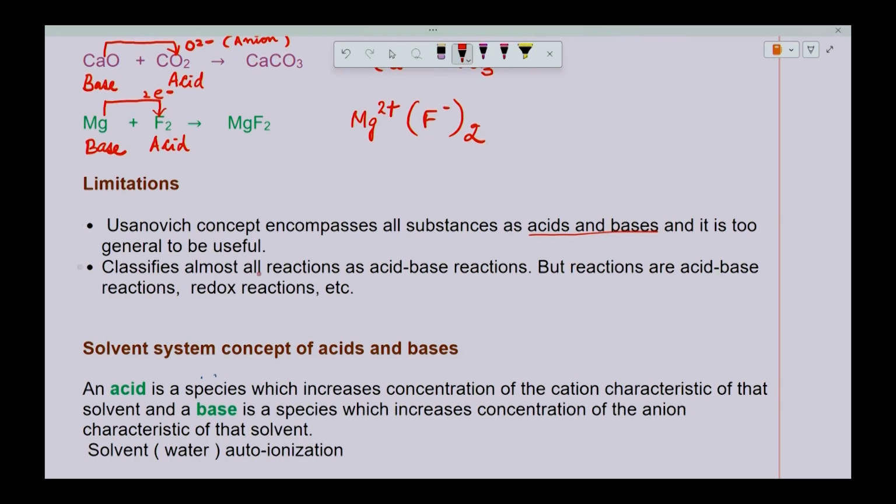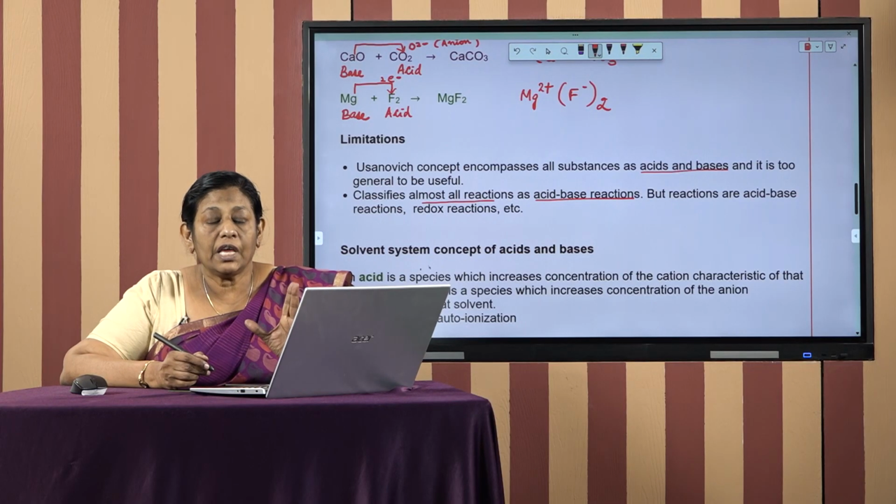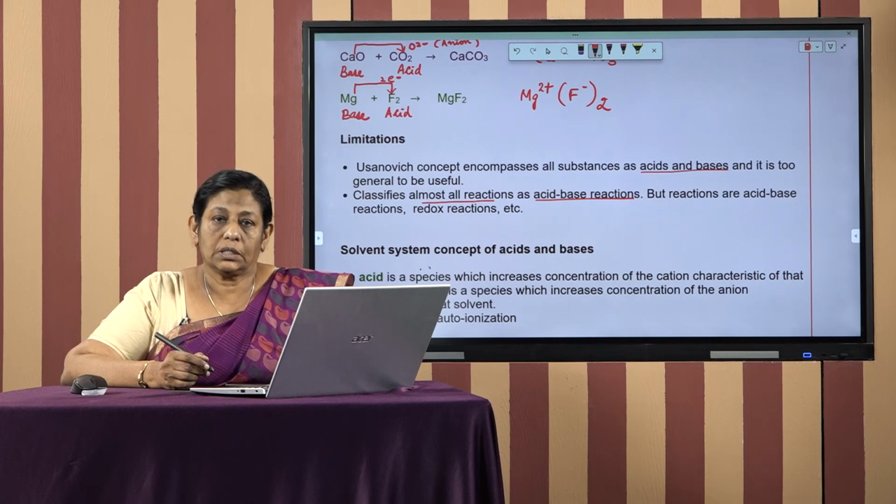Another thing is almost all reactions are considered as acid base reactions because we do not have any other reaction like redox reactions or anything else, but every reaction will be classified under acid base reaction because in most of the reactions there will be either a donation or acceptance of any of these categories.